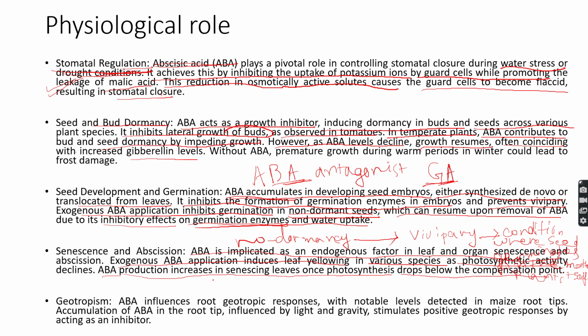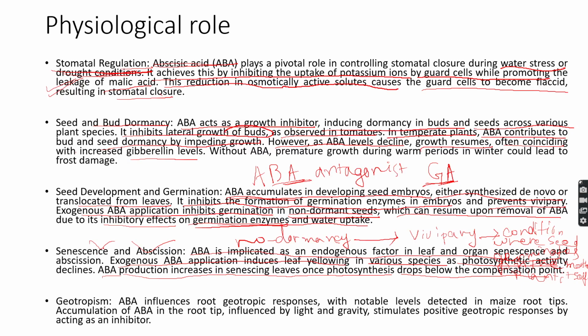What is happening? ABA is causing senescence and abscission. Abscission is the natural detachment of a plant part from the mother plant. Senescence is the prior stage of plant part death.